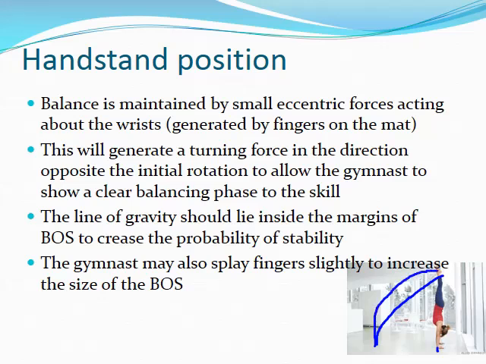So the axis of rotation is actually happening here, but then you want to stop that rotation so that the centre of gravity and the line of gravity is acting directly through the base of support. So these little eccentric forces here back and forward, you should actively feel these, and you're keeping yourself in a balanced position here.